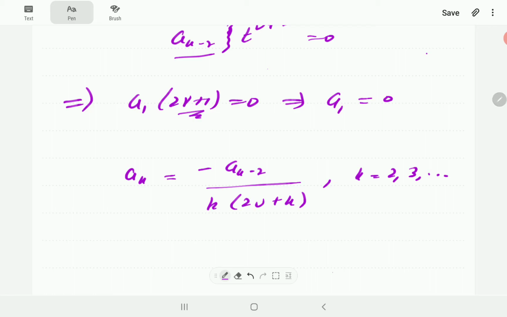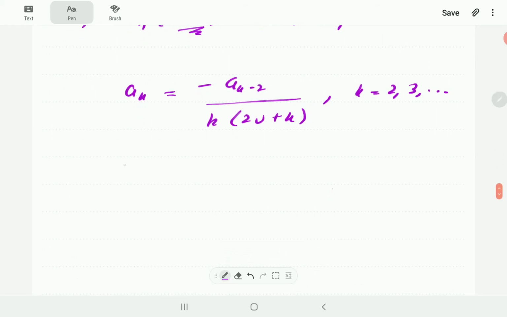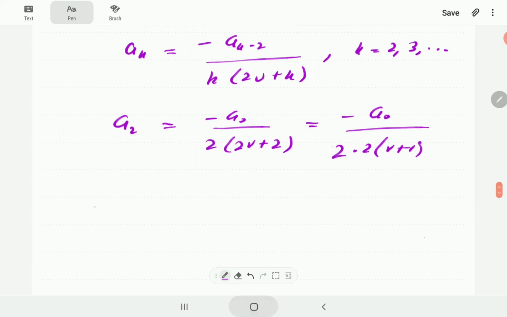So if we plug in k equals 2, for instance, this gives us a2 is minus a0 all over 2 times 2 nu plus 2. So this we can write as negative a0 all over 2 times 2 into nu plus 1. Let's just do one more term.